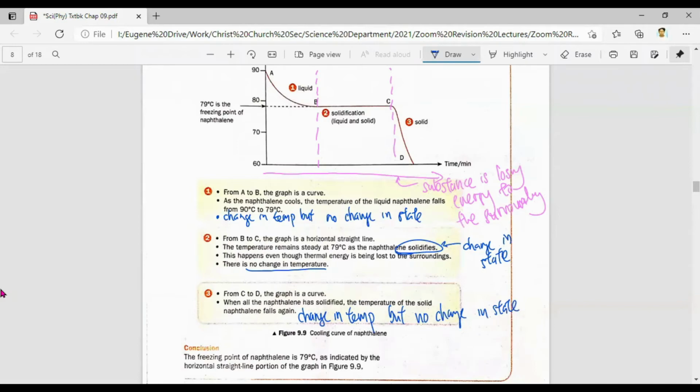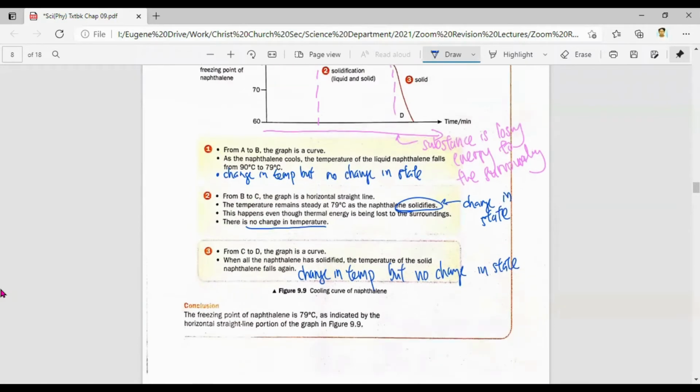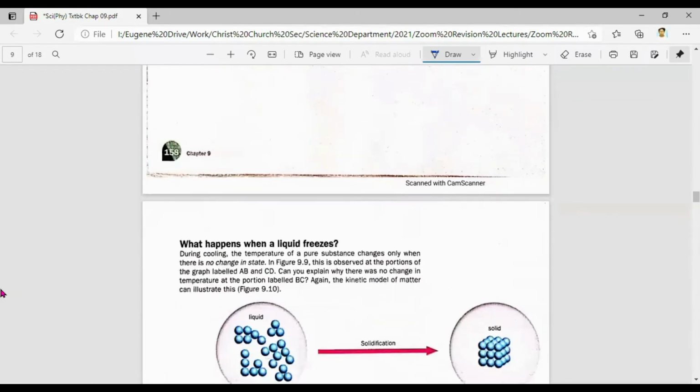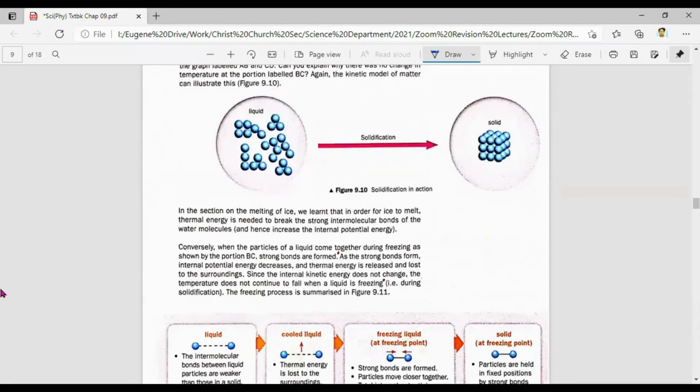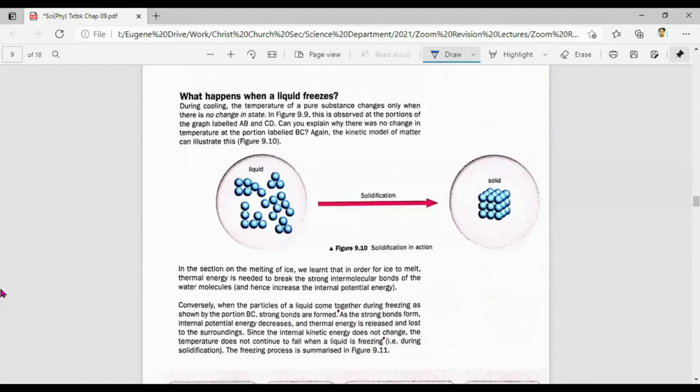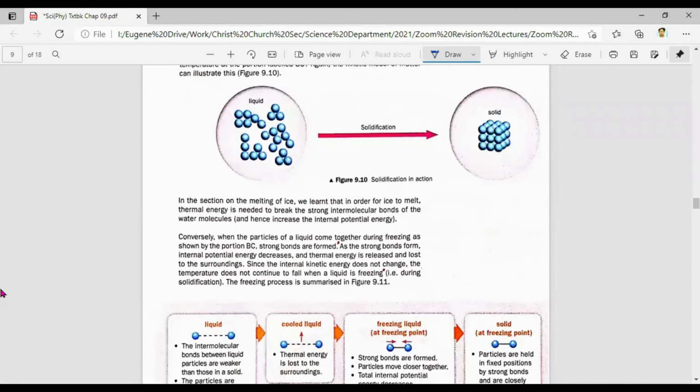So what exactly is happening throughout this whole thing? Next, we're going to look at the description itself. This one just tells you what's happening, but this part tells you what really happens.